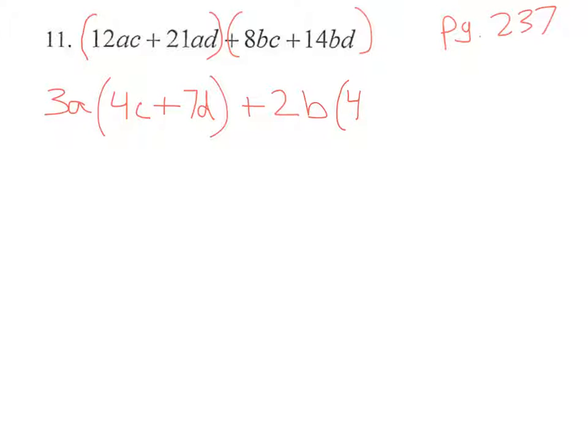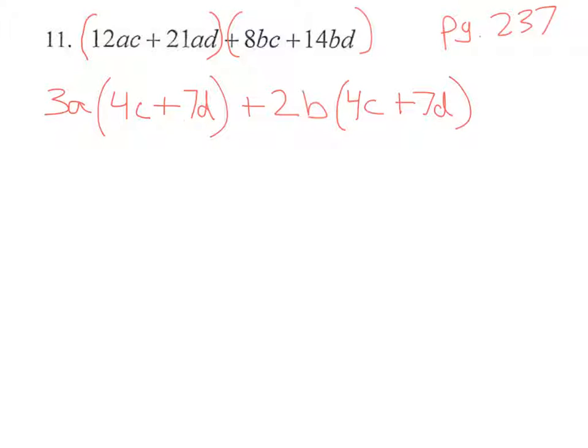I took the B out, so I don't need to have any left over there. And then C will go there, so 4C plus 14, so 2 times 7 gives me 14. I already took the B out, so I'm left with a D there. Close the parentheses.